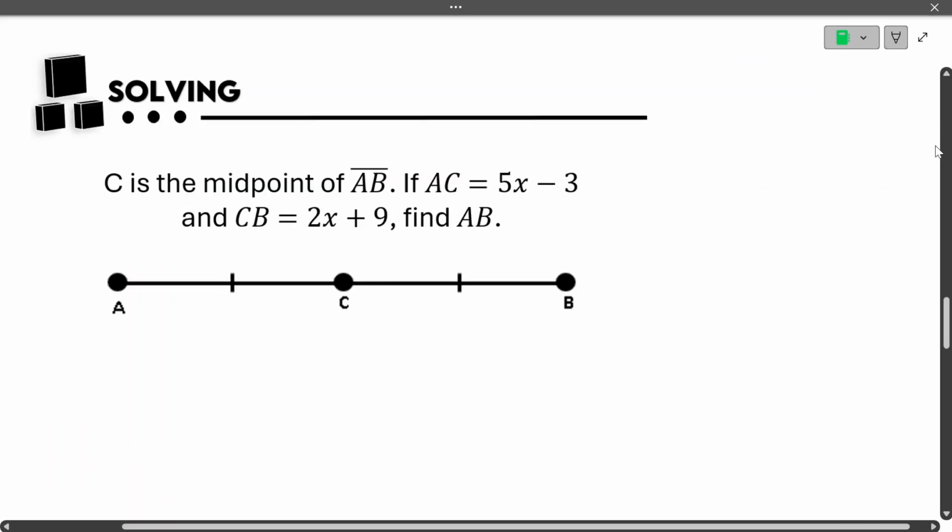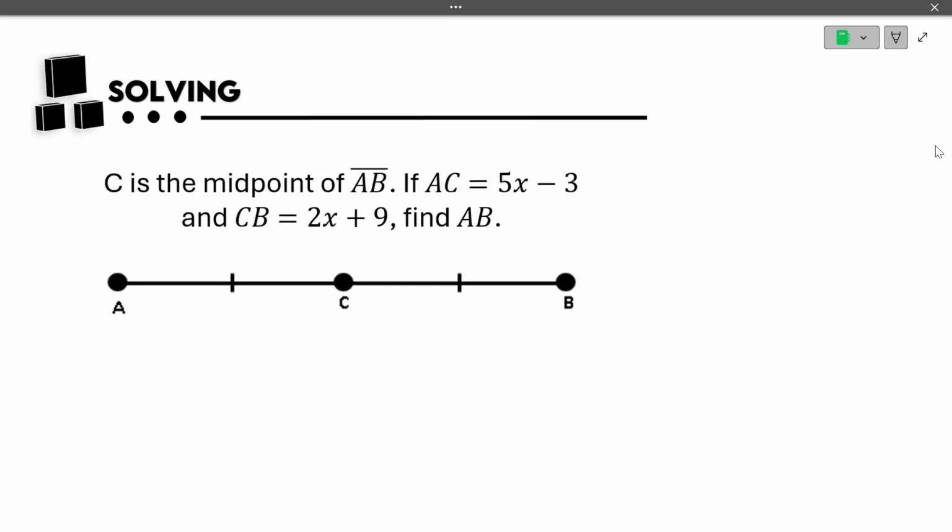So, this review is just a glimpse of what to expect during the quarter exam. If you were able to watch this, then definitely I think you can survive the solving part.